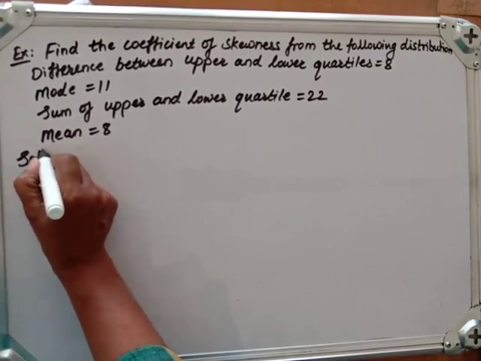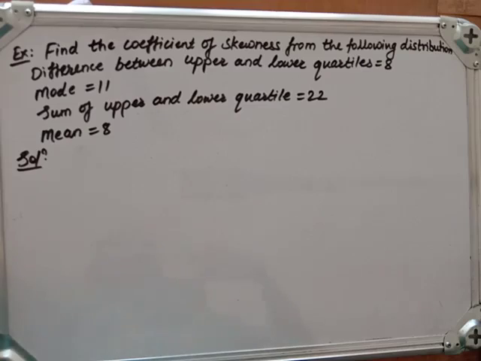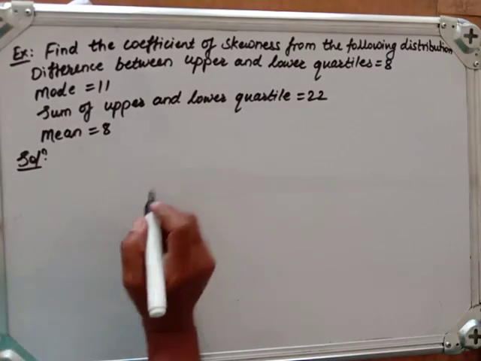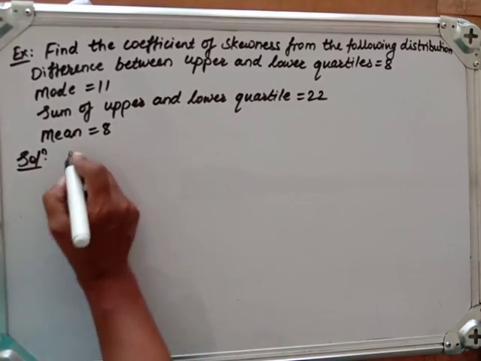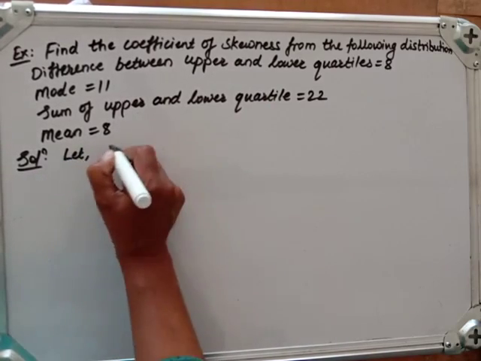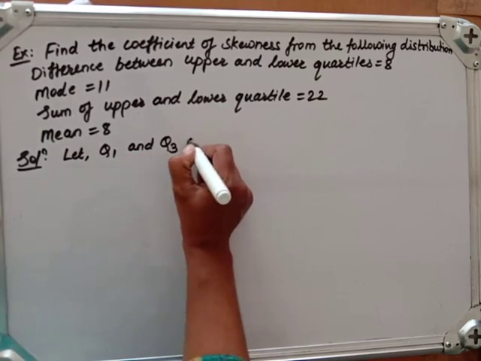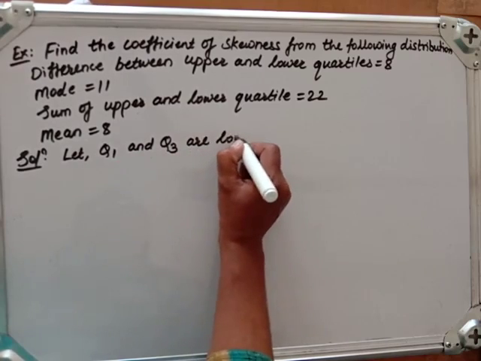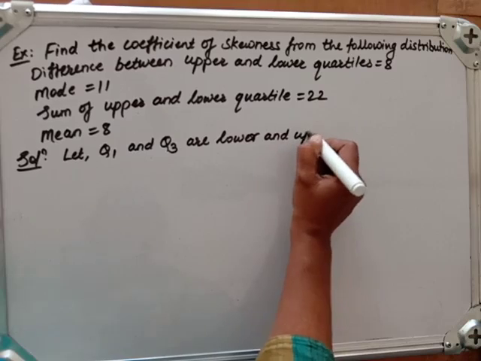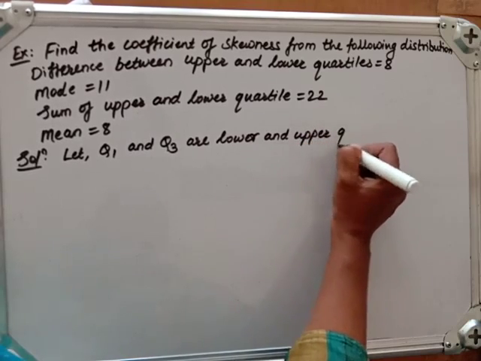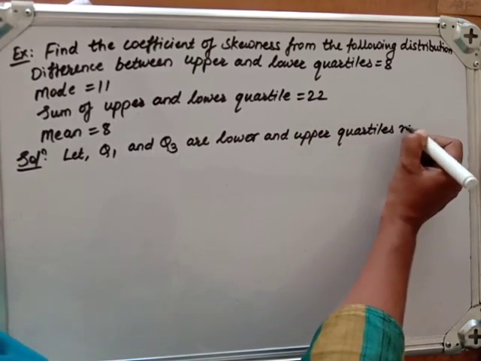So let us see the solution. We have to find the coefficient of skewness. Now the difference between quartiles is given, which means obviously Bowley's coefficient of skewness is asked. First of all, let Q1 and Q3 be the lower and upper quartiles respectively.